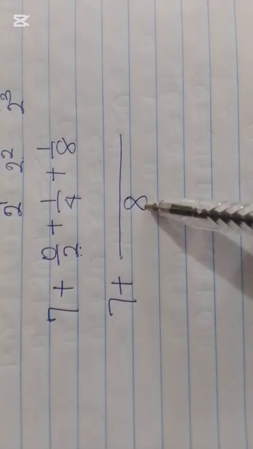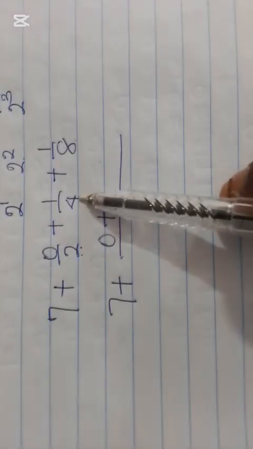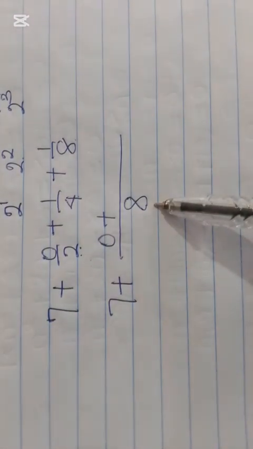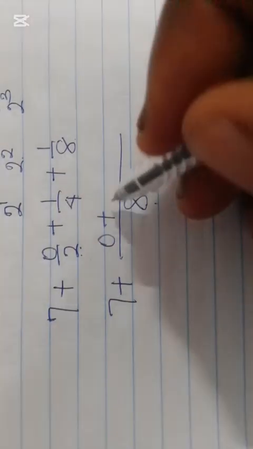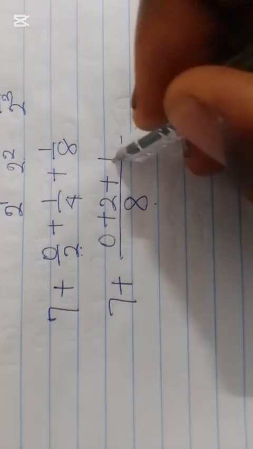So now, 2 divided by 8 is 4. 4 times 0 is 0. Alright? 4 divided by 8 is 2. 2 times 1 is 2. 8 divided by 8 is 1. 1 times 1 is 1.